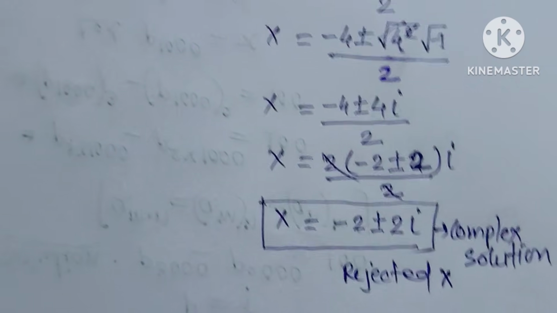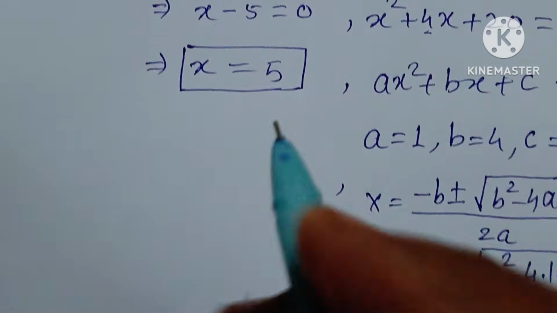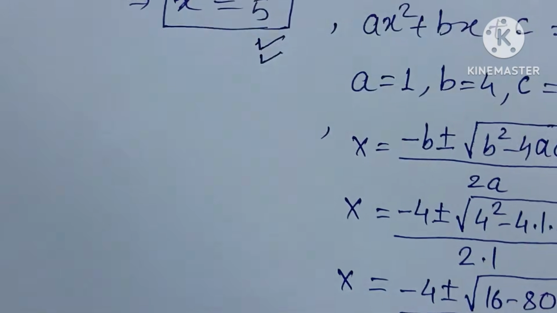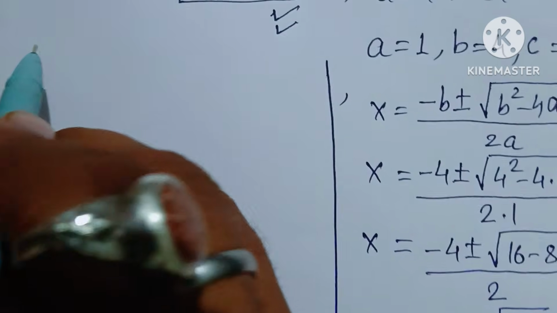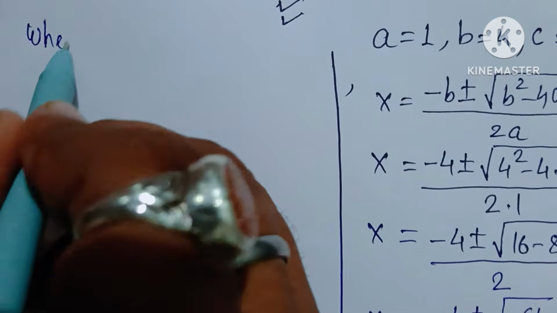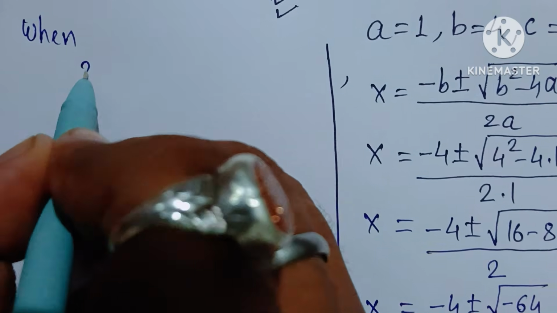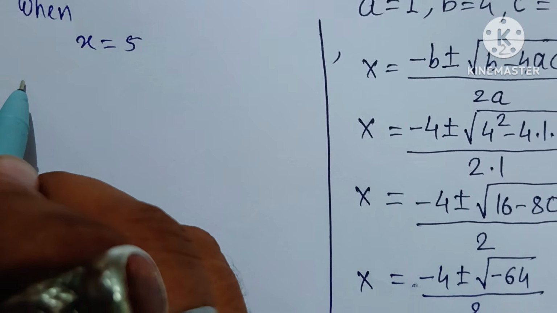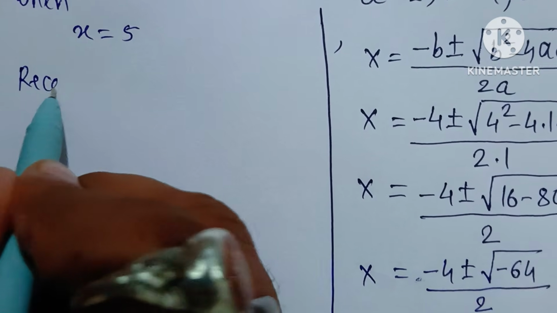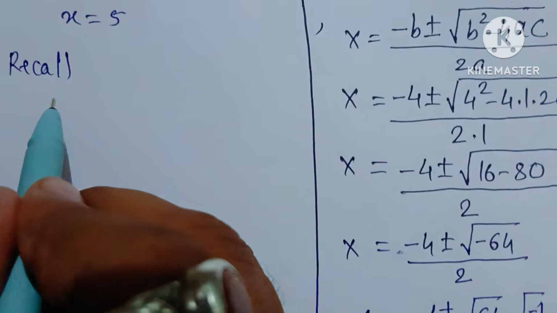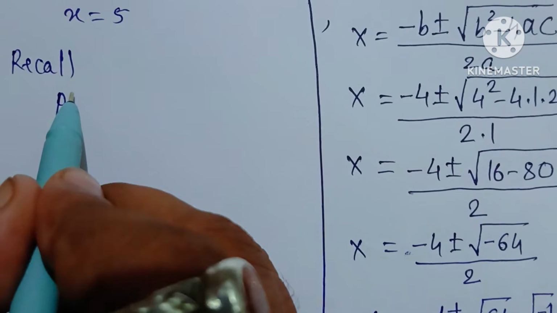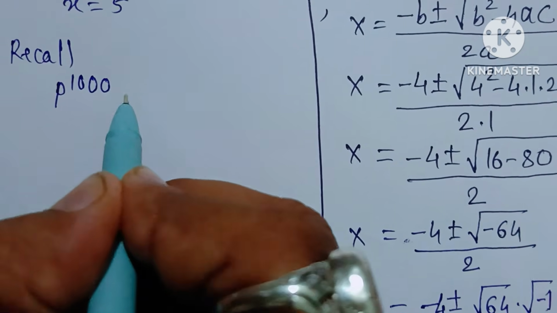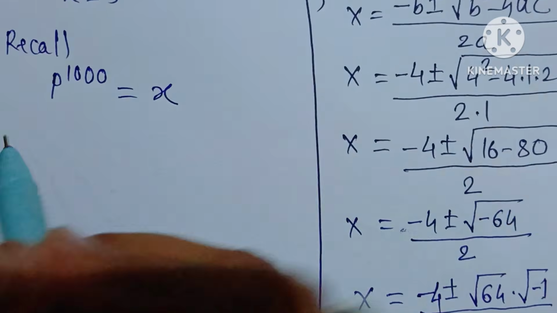Okay. So we will come to the value of x equal to 5. When x is equal to 5, then recall p raised to power 1000 equal to x.